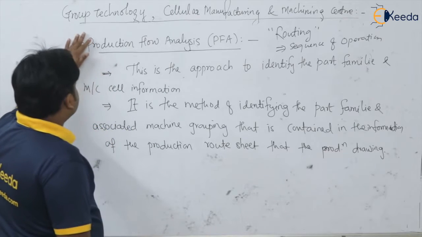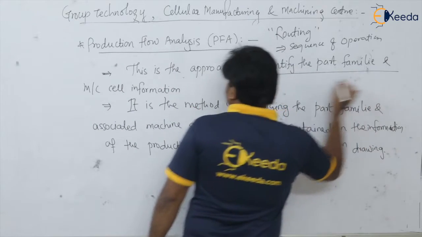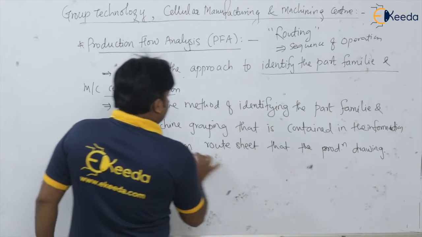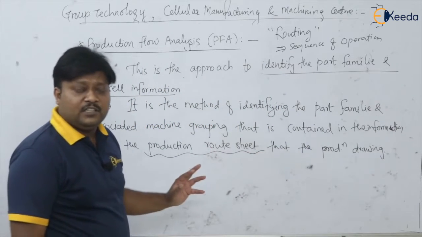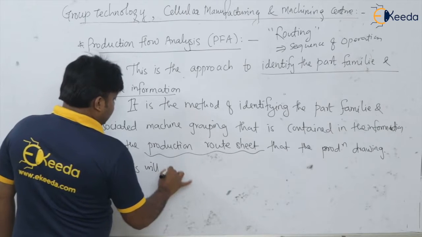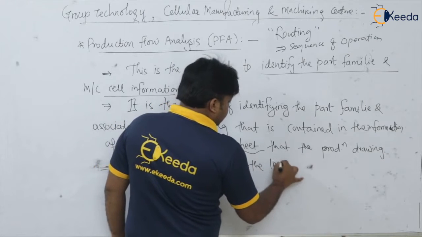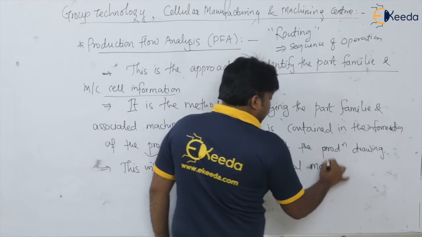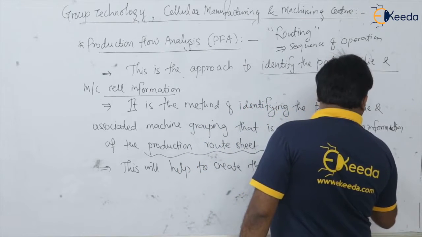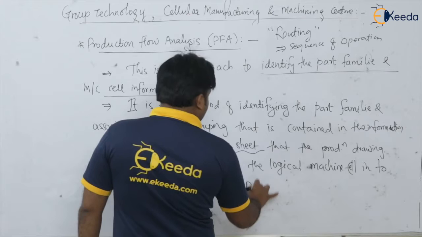So this is about the PFA, production flow analysis. The main approach is to identify the part families and the machine cell information, which is contained in the information of the production route. This will help to create the logical machine cell in the group technology layout.